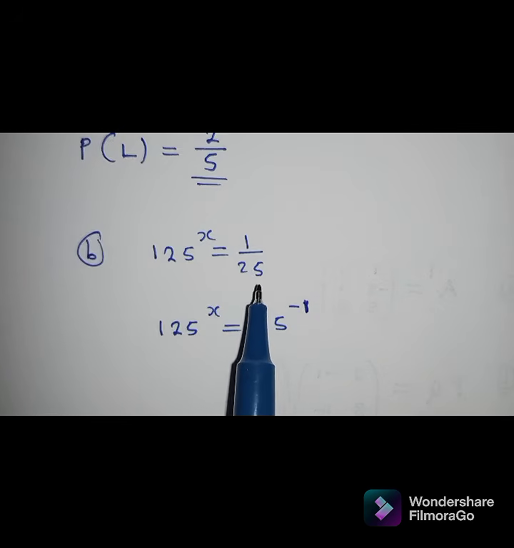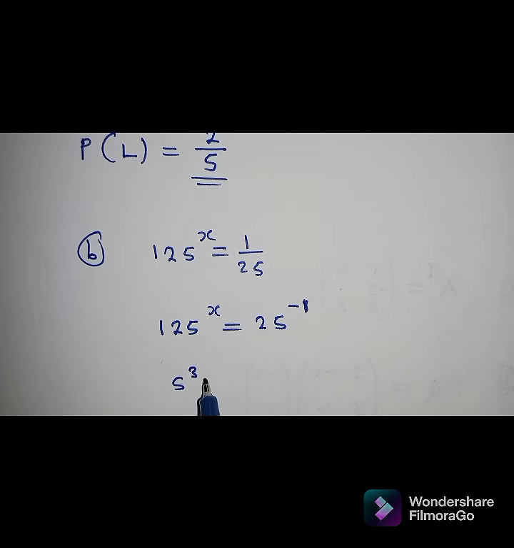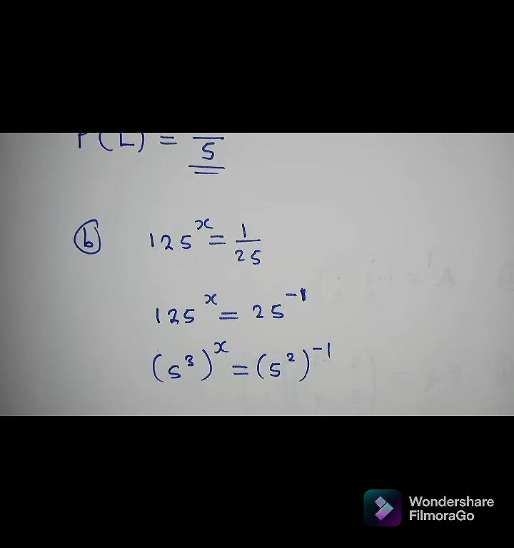This is inverse, okay? So now we can balance the bases. This is 25. It's 5 to the power 3. This and this are just the same. Here power x. X is outside. Here it will be 5 power 2. And this will look like this. So you see the bases are balanced.